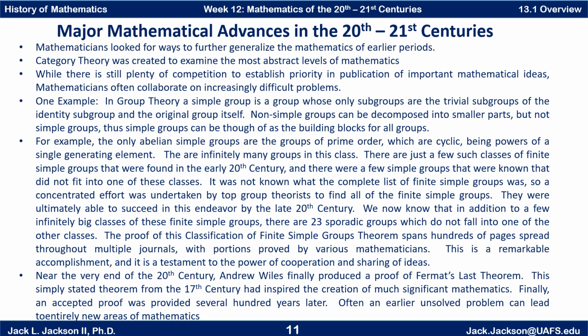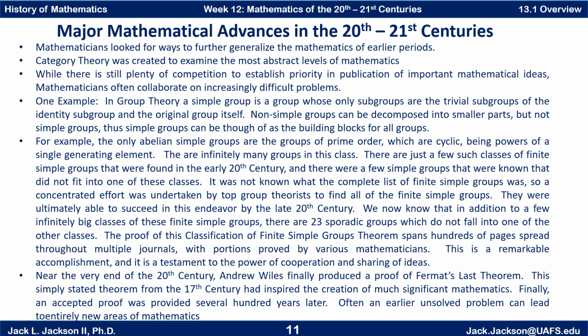We now know that in addition to a few classes, each one of which has infinitely many simple groups in it, like the groups of prime order, there are additionally 23 sporadic groups which do not fall into the other classes. The biggest one of these is called the monster group, which has an incredible number of elements in it.